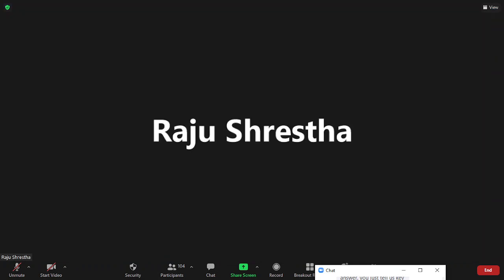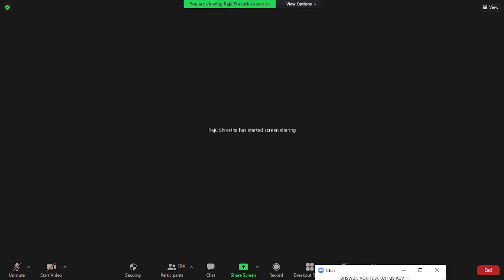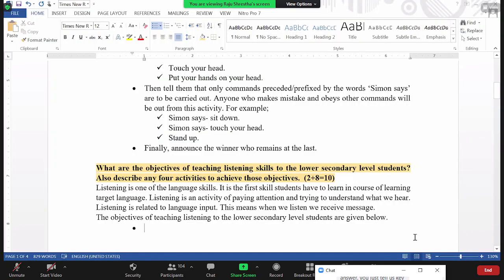Like this, in the objective: understand and pick out the main points from the audio text. This can be one objective of teaching listening.